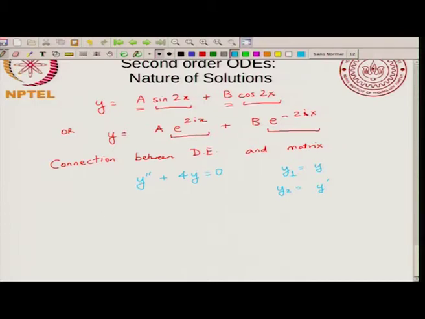So, if I take this equation, then y double prime is nothing but y2 prime. So, I can write this as y2 prime plus 4 y1 equal to 0, and the other equation, since y2 equal to y prime and y is same as y1, I can write y1 prime equal to y2. So, y1 prime minus y2 equal to 0.